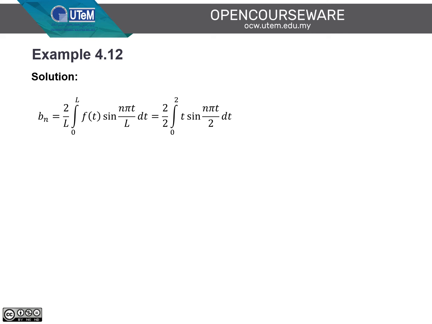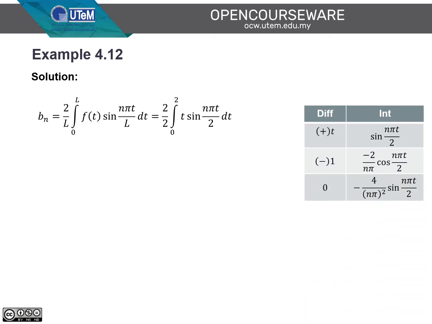So we can see that in order to solve the integration of t sin(n pi t on 2) with respect to t, it requires an integration by parts method or tabular method. The table of the tabular method is as shown here.